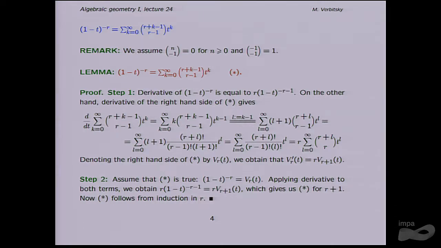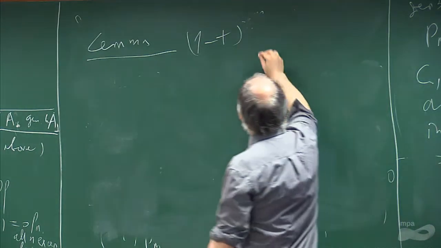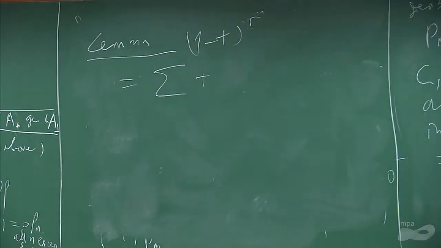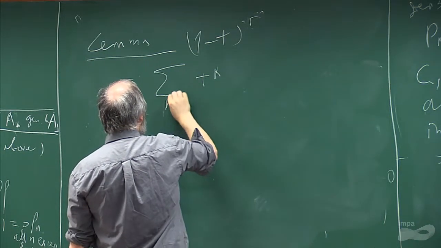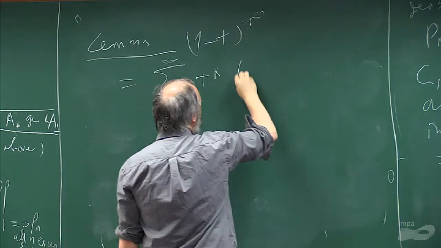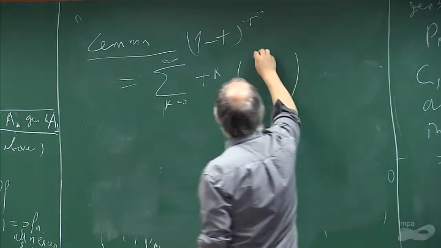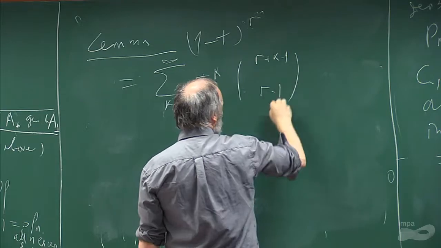Okay, so lemma: (1 minus t) to the power minus r is the sum of t to the k, from k equals 0 to infinity, with binomial coefficient (r plus k minus 1 choose r minus 1).